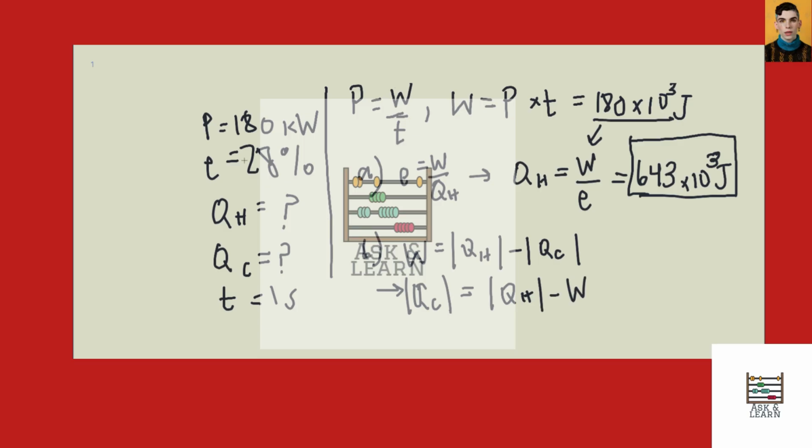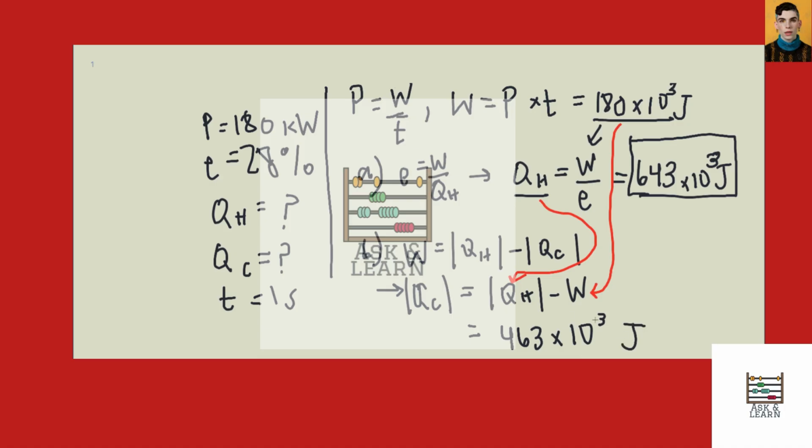If you plug in this Q hot that we found here, put a little arrow, and then plug in the work found up here, add another little arrow, then take the difference of the two, you get 463 times 10 to the 3 joules.